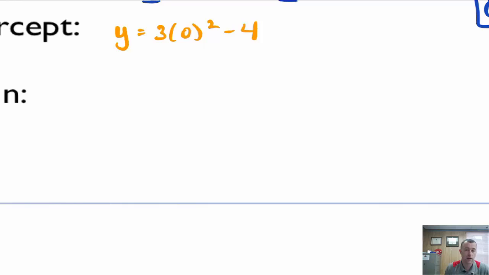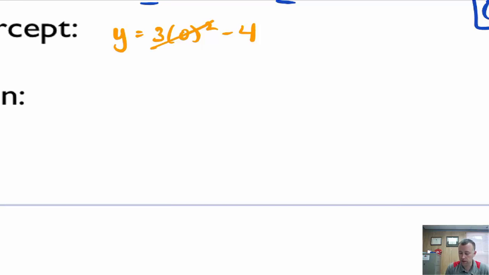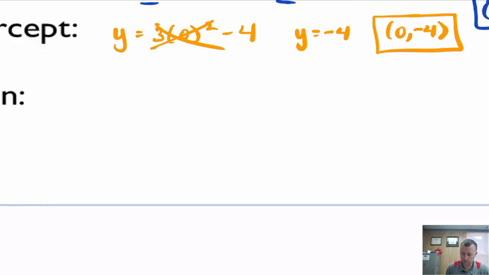The constant is your y-intercept. The reason for that is anything being multiplied by 0, which would be any term that has an x in it, would be 0. So the only thing that's not getting touched is the constant. So this is just going to be y equals negative 4. So 0, negative 4, is going to be your y-intercept.